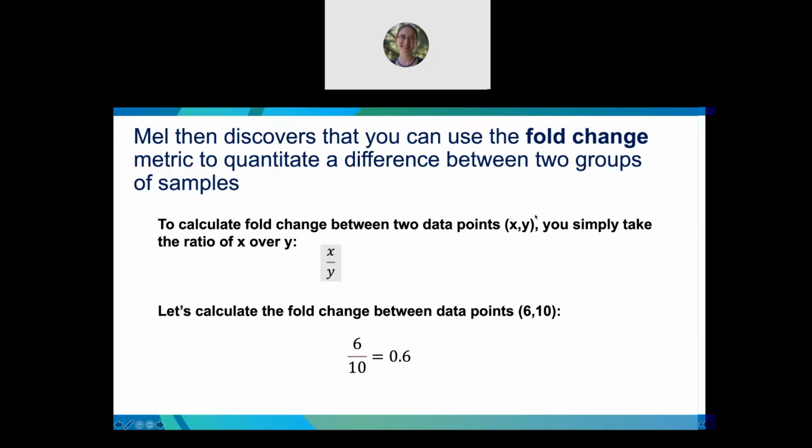The reason we don't do subtraction is just imagine if you've got 2 of something and the other data point is 4, you're doubling. That really means something. But if you've got 1 billion of something and 1 billion and 2 of something, that's hardly any difference at all.